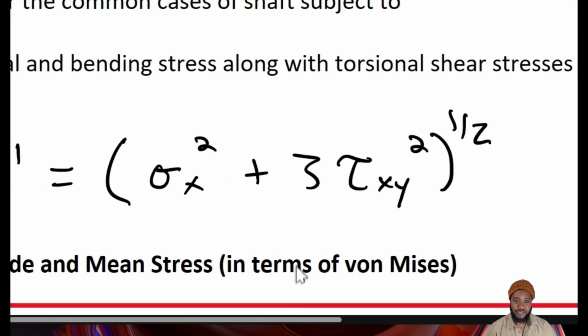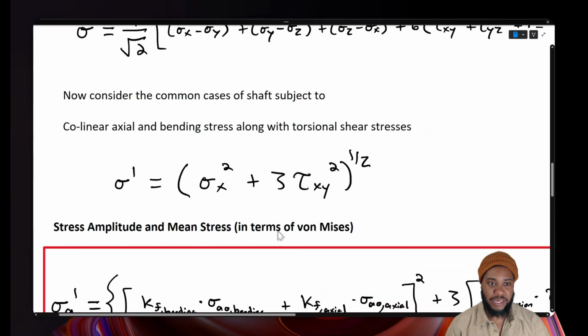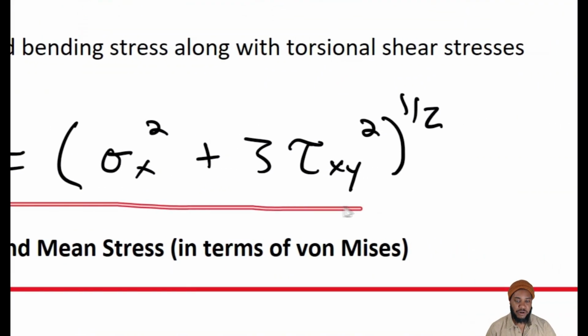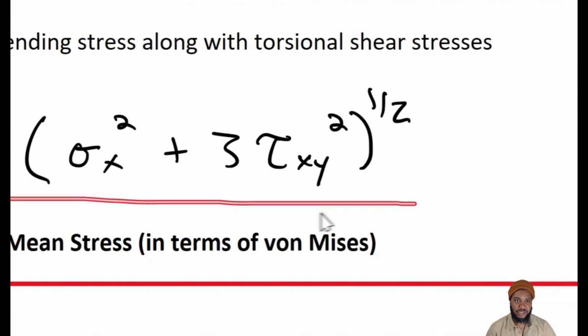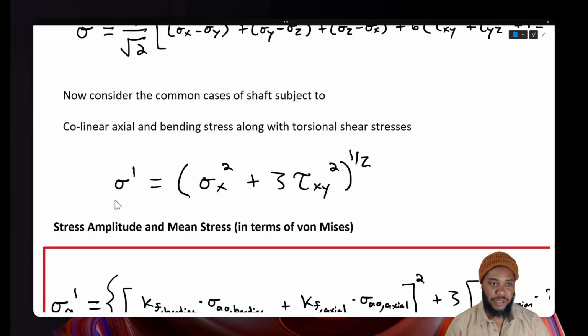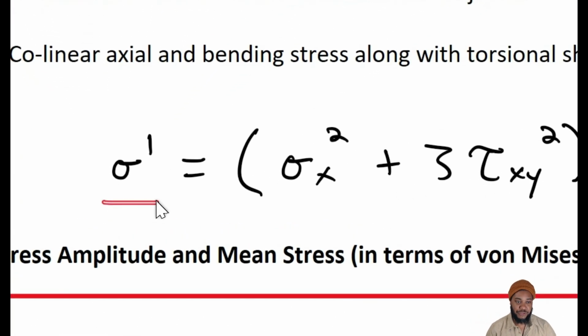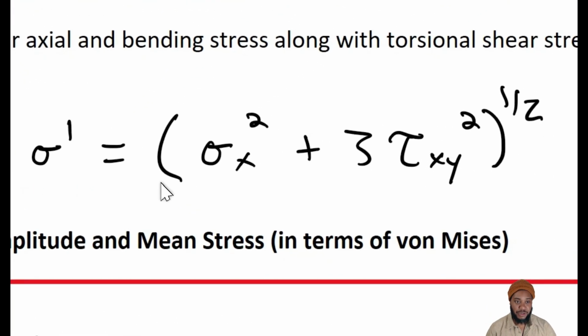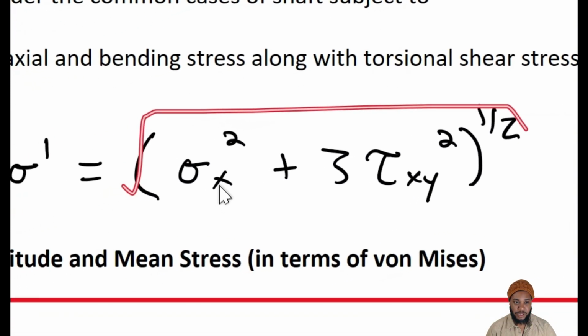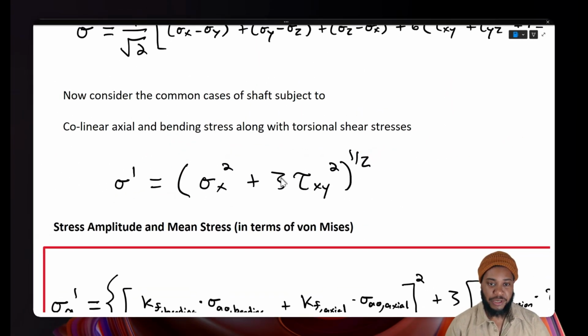In that case, our equations simplify. Our shear stress equation simplifies to the following. The von Mises stress simplifies to the following, where it's the square root of the normal stress squared plus 3 times our shear stress squared.